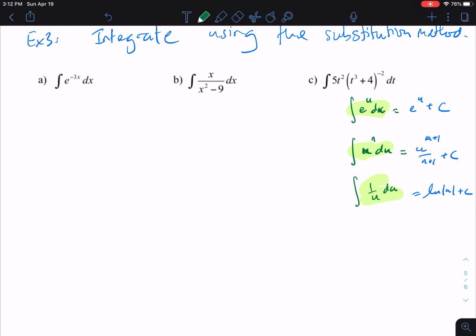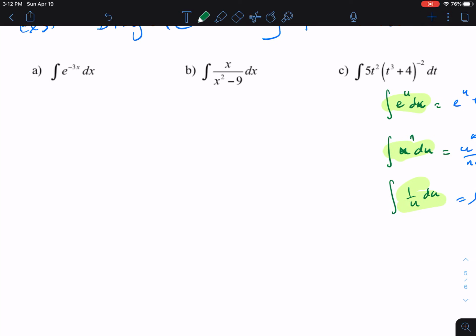So let's start with part A. We have a composition function of e to negative 3x. The outside function is e to the x, and the inside function is negative 3x.